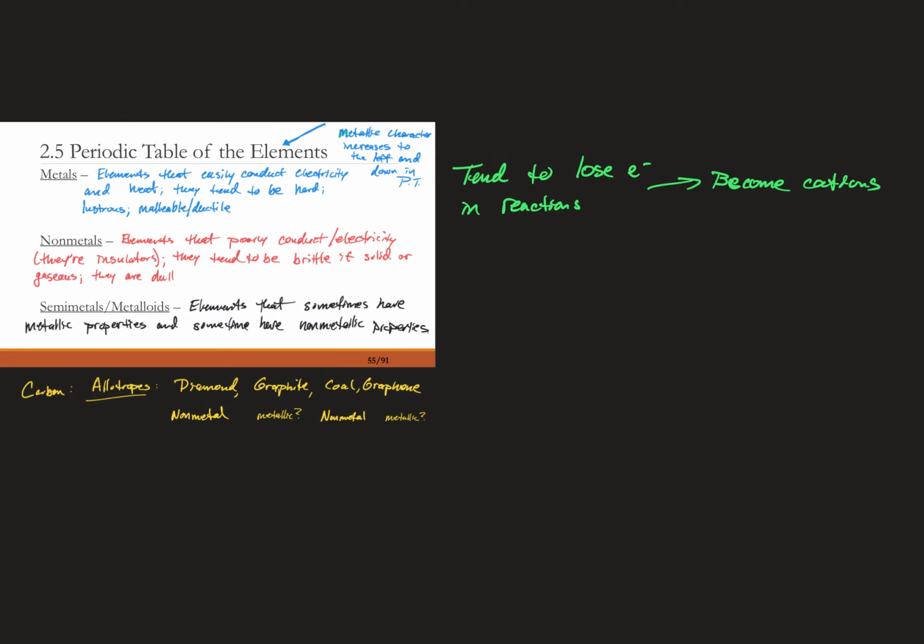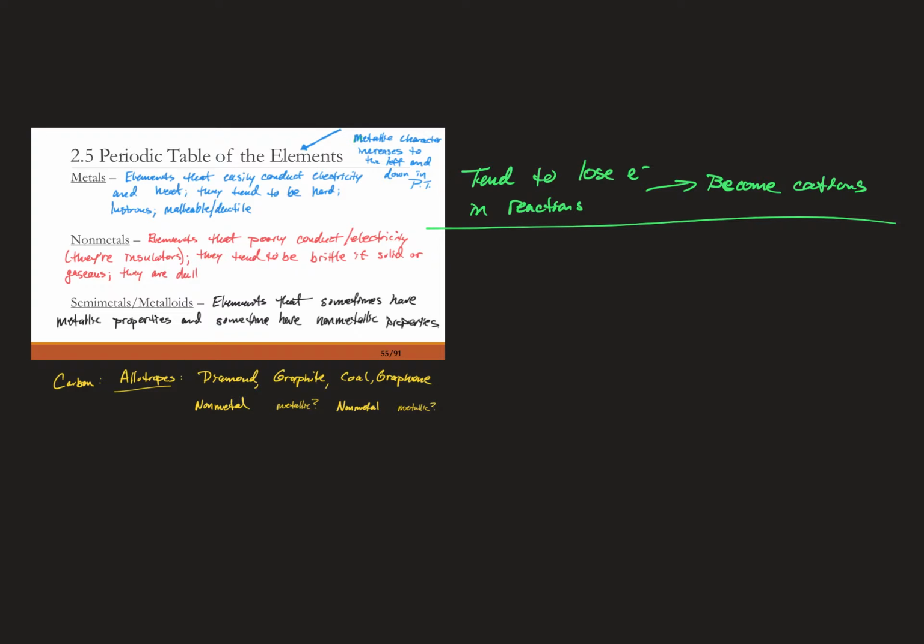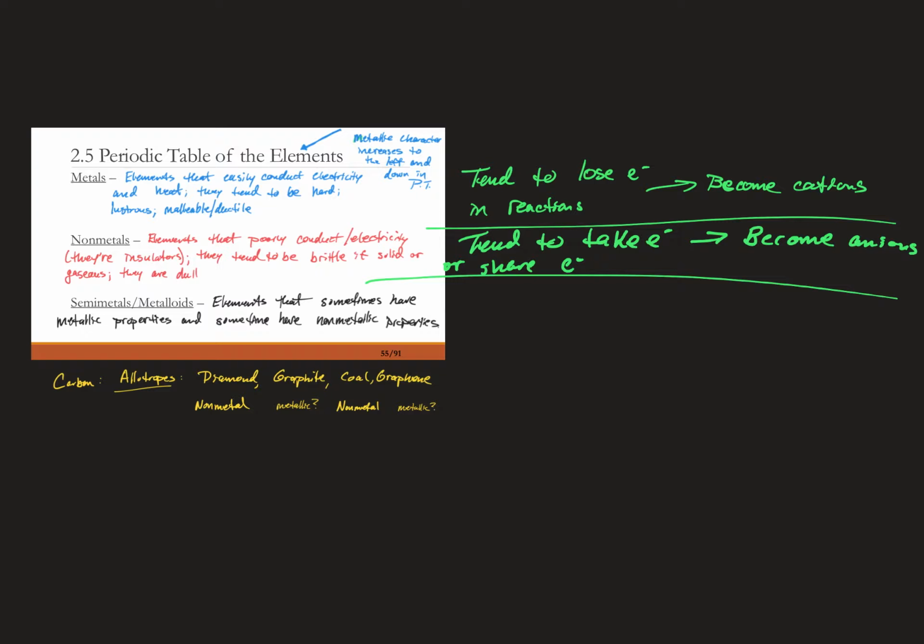While nonmetals do the opposite. They tend to take electrons and therefore become anions. Or, so here's the next thing, they share electrons instead of taking.